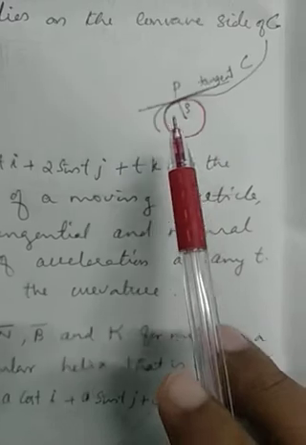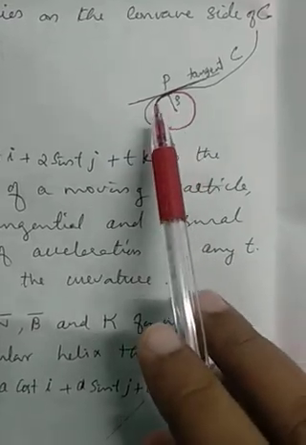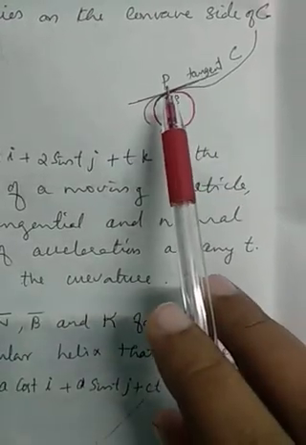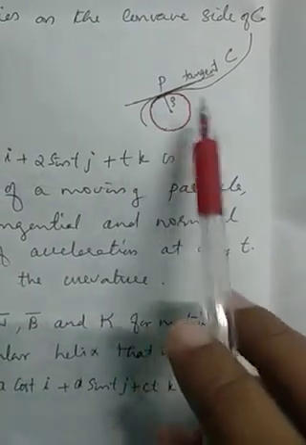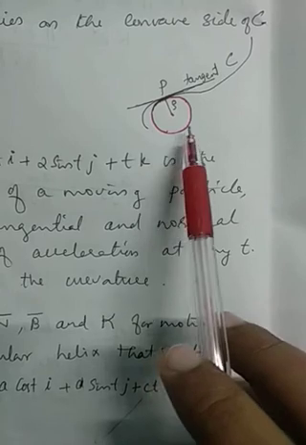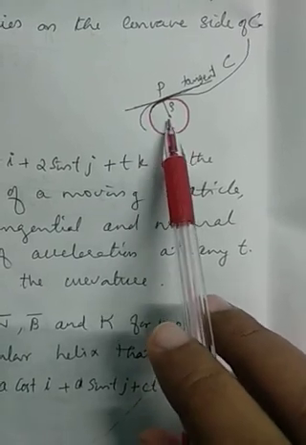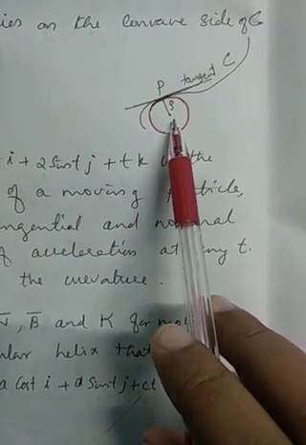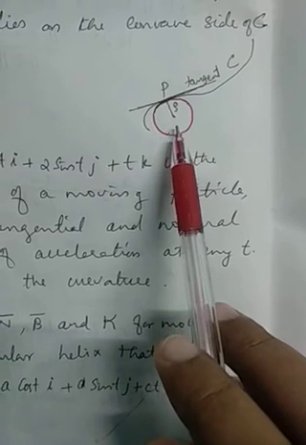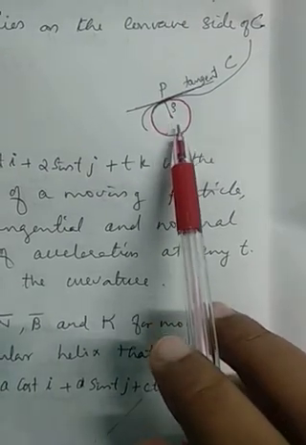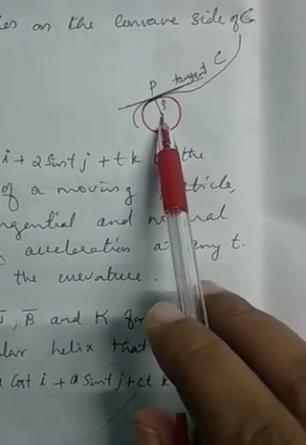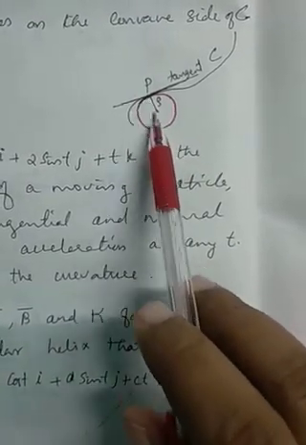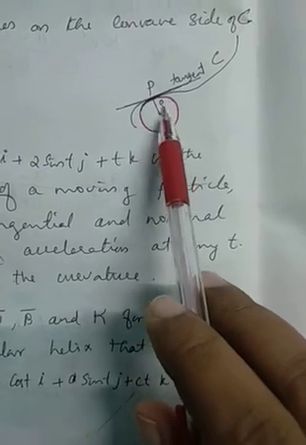This is the circle that fits the curve C. This circle is the circle of curvature, the center of this circle is the center of curvature, and its radius is the radius of curvature. So this is the center of curvature and this distance is the radius of curvature denoted by rho.